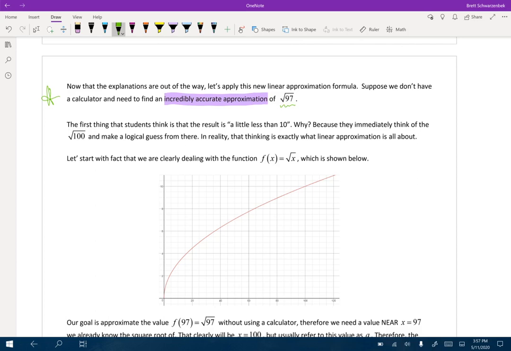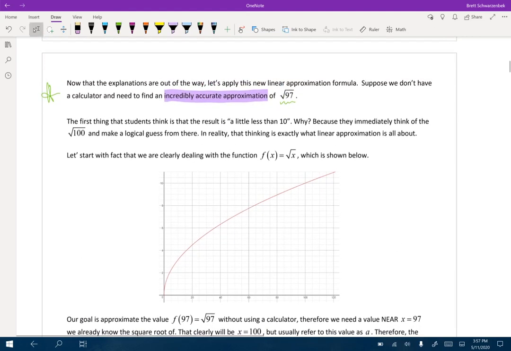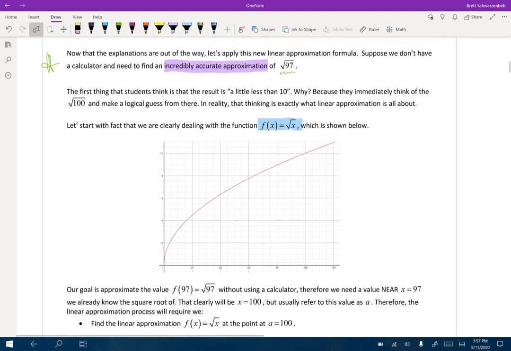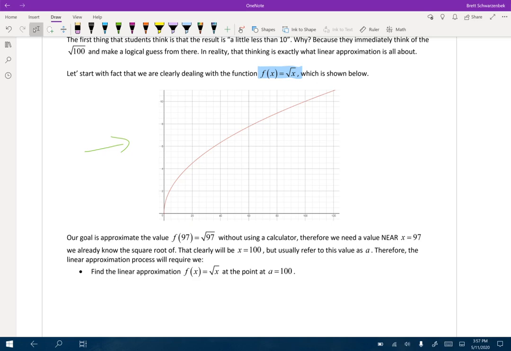That is where linear approximation comes into play. So root 97 comes from the function root x, right? It's a square root function that we're using. What I have here is the graph of the square root of x, just so that we have a nice look at what we have to do in the scope of our problem.